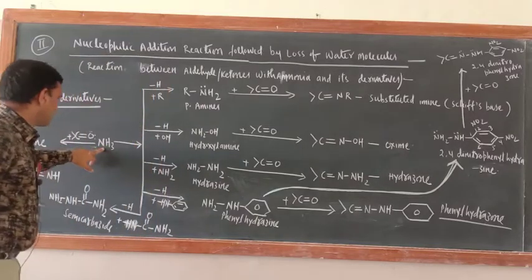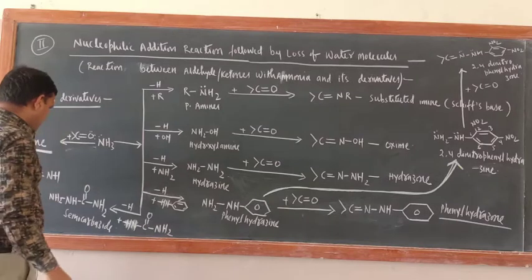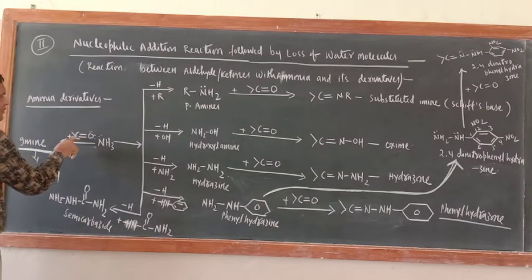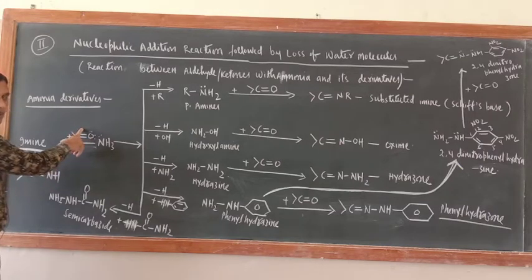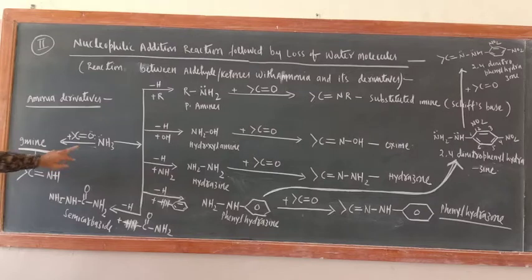Just see, this is ammonia, NH3. Now try to understand when ammonia directly reacts with aldehydes and ketones. C double bond O, what is the meaning of this? Carbonyl group, and aldehydes and ketones both contain this group. So just see, when ammonia reacts with aldehydes and ketones, what is the name of the product? Imine, I-M-I-N-E.